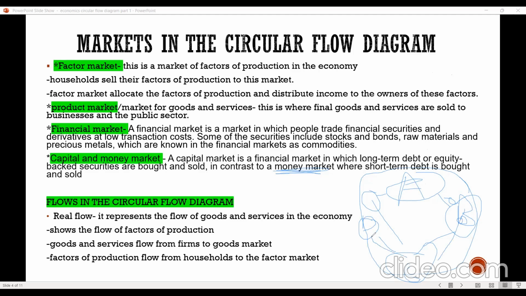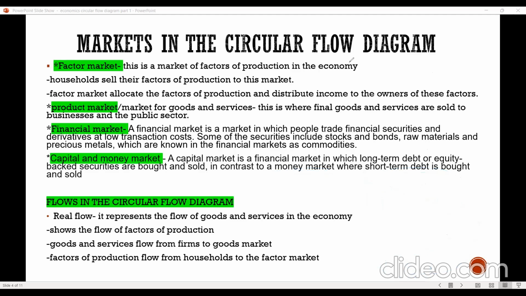Now, in the circular flow, we have what we call a real flow. A real flow shows the flow of goods and services in an economy, and also the flow of factors of production in an economy.